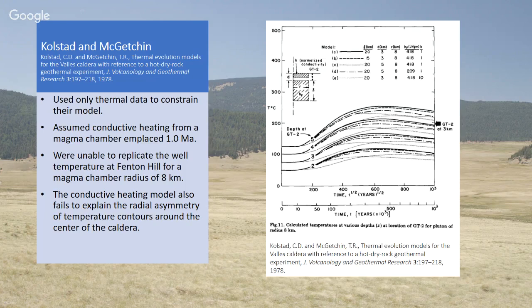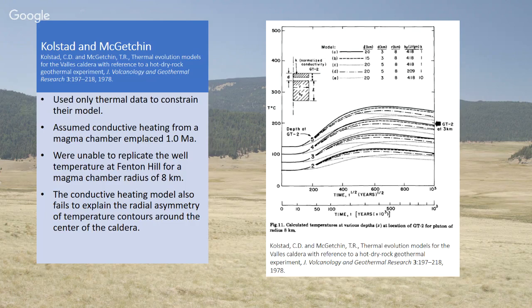And their basic model for why the temperature at Fenton Hill is so much hotter than the typical ground temperature in other places is they assume that when the volcano erupted over 1 million years ago, a large magma chamber was placed, and then heat flowed conductively from that magma chamber to the site.